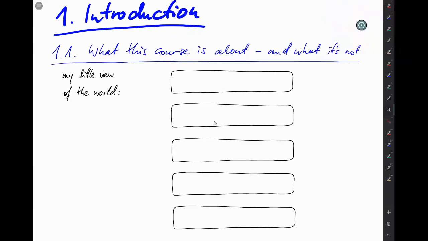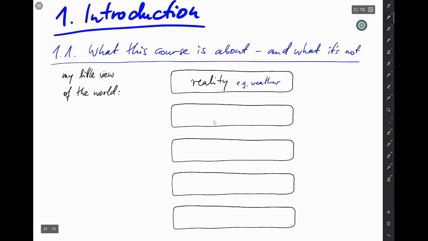As a first attempt to answer this question, what this course is all about, let me show you my little view of the world. Okay, so in our world there is this thing that we call reality, somewhere out there. And okay, for the moment, to be a bit more concrete, let's think about the weather.